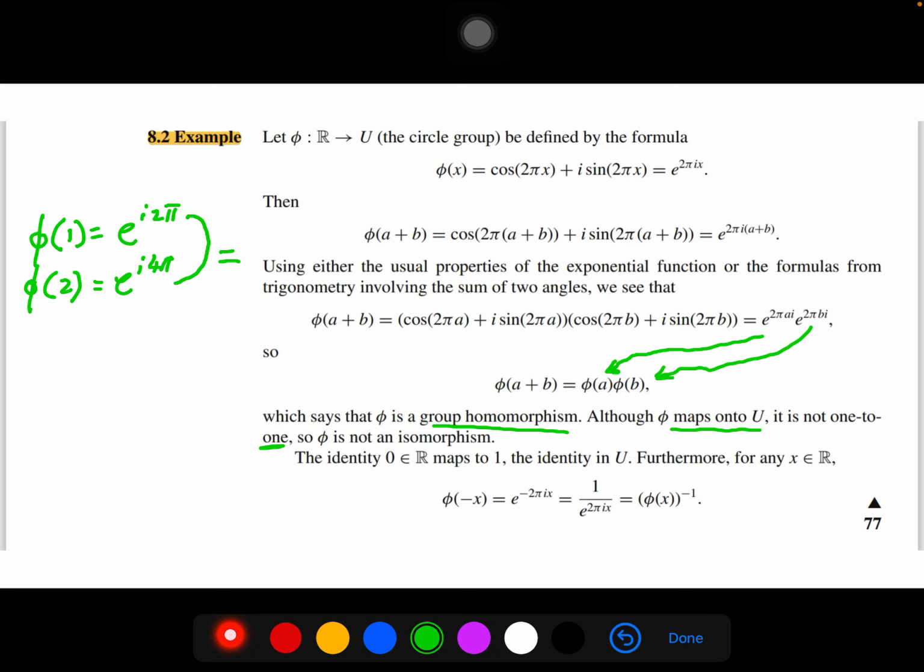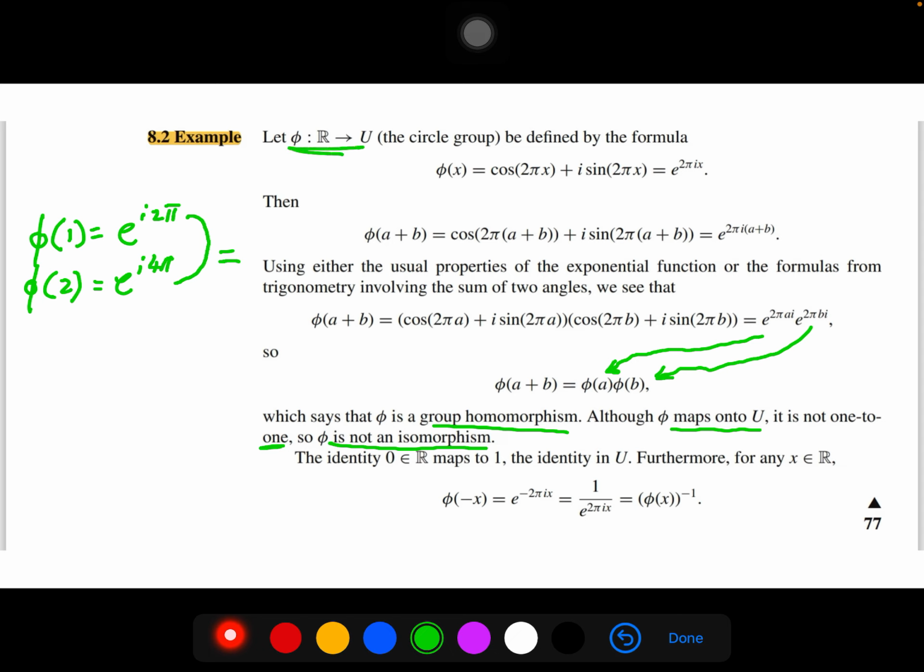We will see that again in the upcoming example. That is why it is not an isomorphism, because it doesn't satisfy the one-to-one property. However, we are checking for group homomorphism, and we see that phi here is a group homomorphism.